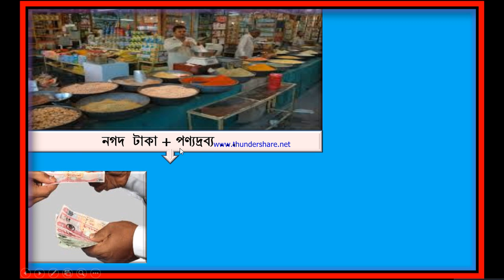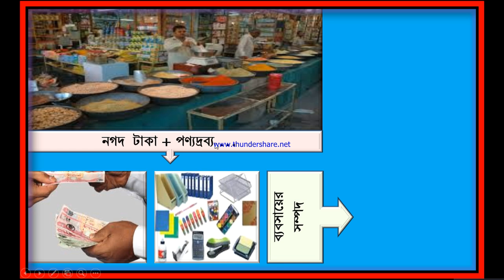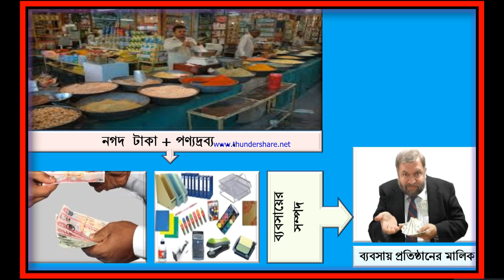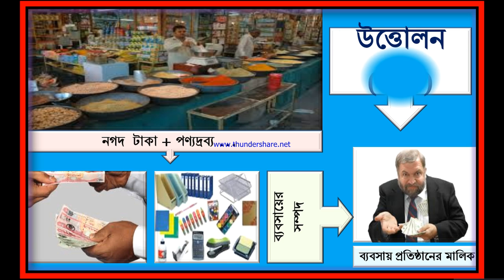Cash, merchandise, that means inventories. These are the assets of business. So from here, the owner of the business may draw this amount or may use these inventories. These will be treated as drawings.